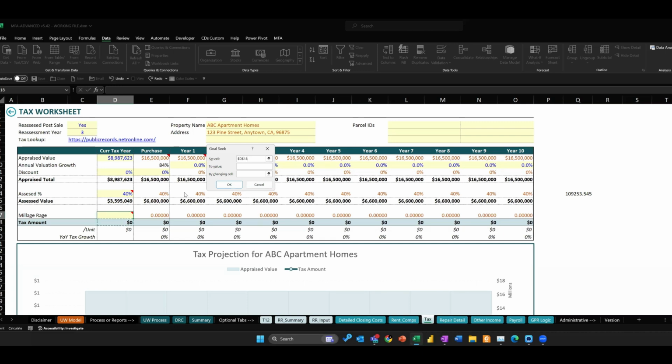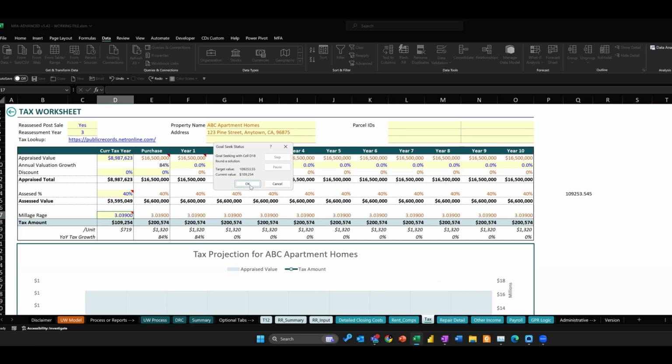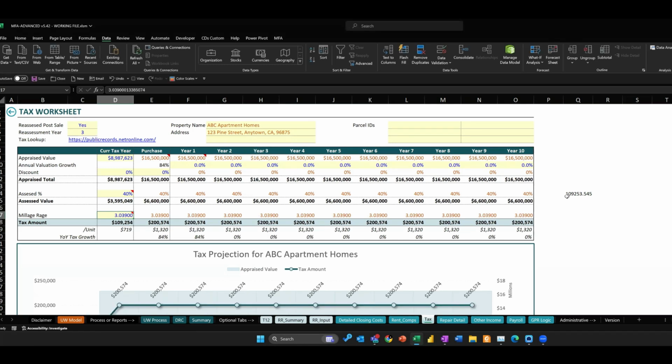In the tax bill, we're going to know that the tax bill is 109,253.55. You can look at the tax bill and you'll know that value, and I want to change the millage rate to get to that. I click OK, and this will back into the millage rate for you. It makes it very easy instead of adding all those millage rates up.